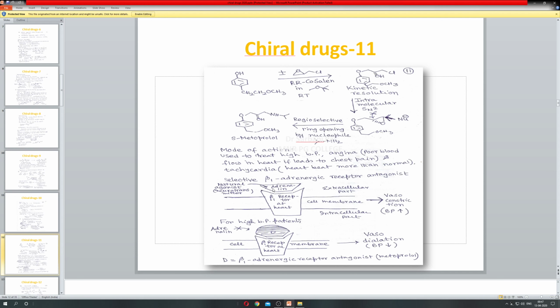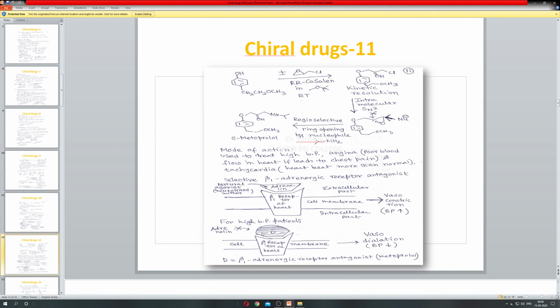When adrenaline comes, it leads to vasoconstriction, meaning the blood vessel diameter decreases, which leads to an increase in BP. But for a high BP patient, BP should not increase further. So this reaction should not occur in high BP patients having cardiac problems.